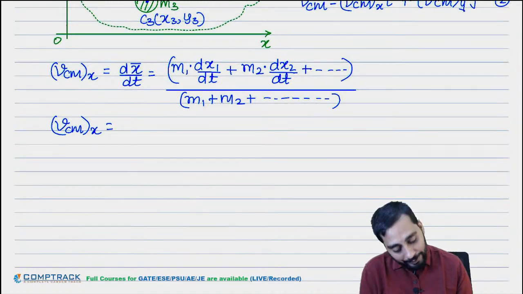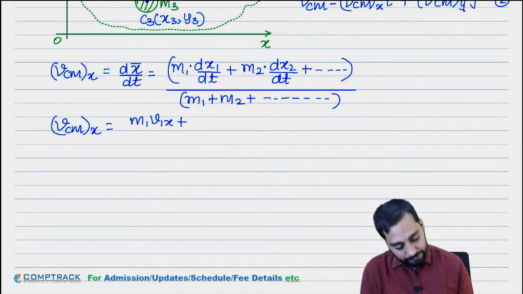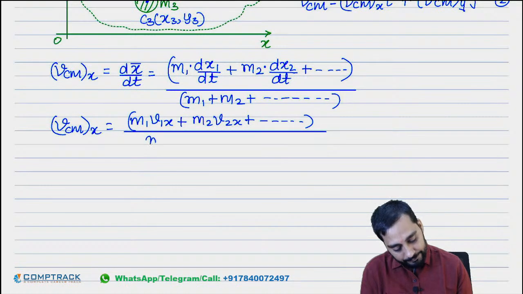It will be equal to m1 v1x plus m2 v2x and so on, over m1 plus m2 and so on.